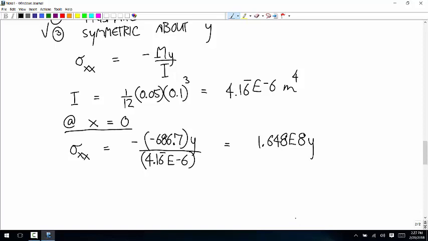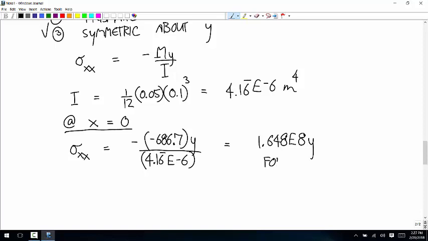Now we can plug in a y value to get an actual stress for that. What's the range of y values we're going to be dealing with? Negative 0.05 to positive 0.05. Okay, because you can have a y that's below the neutral axis and a y that's above the neutral axis.